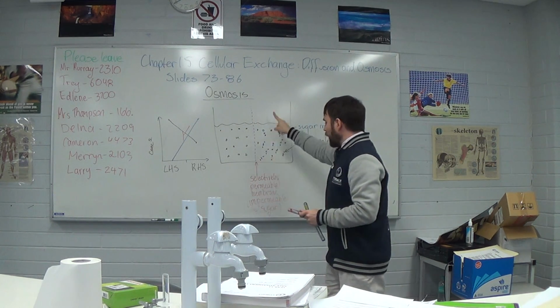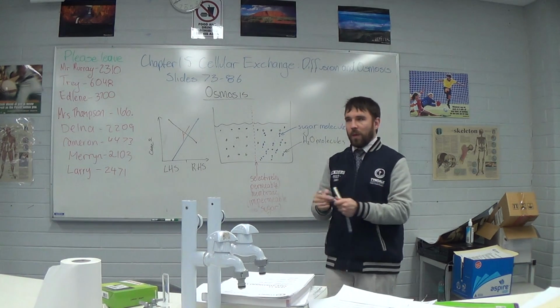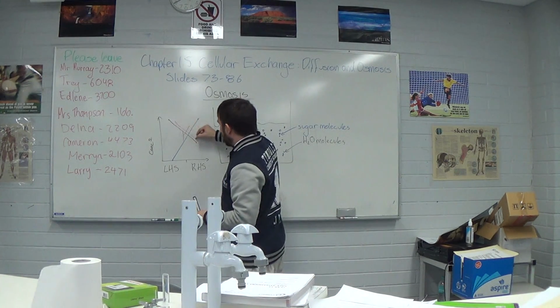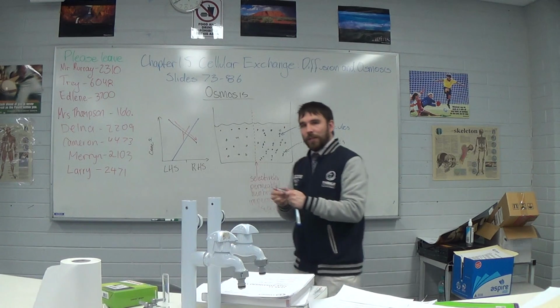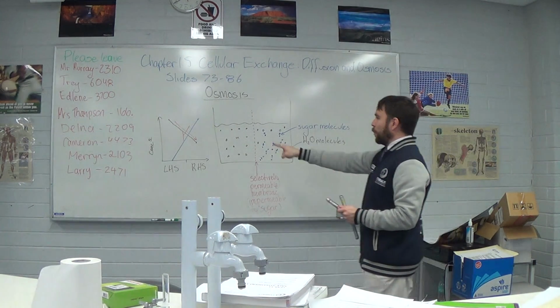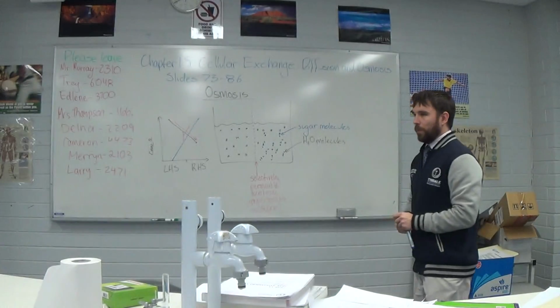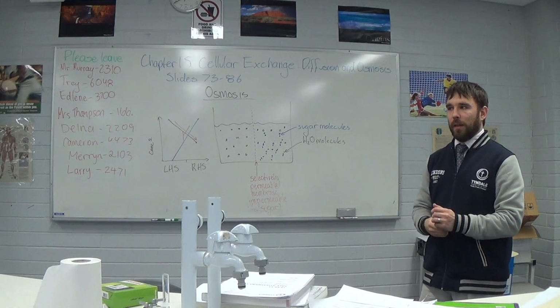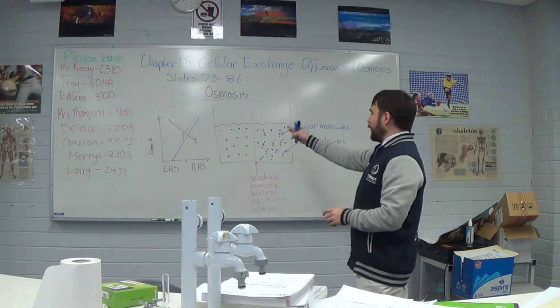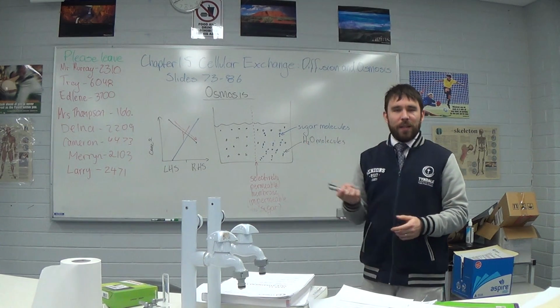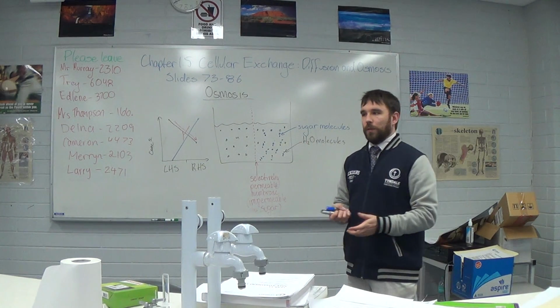Now the barrier, the membrane, is not impermeable to water. So water can travel down its concentration gradient, and it will. These water molecules will move into the right-hand side of this beaker, and they will diffuse across, and that is the process of osmosis.